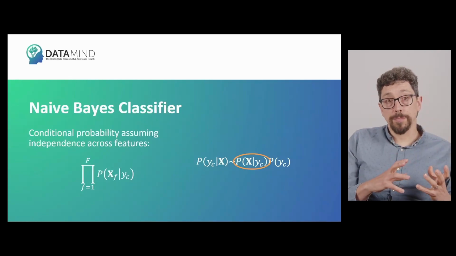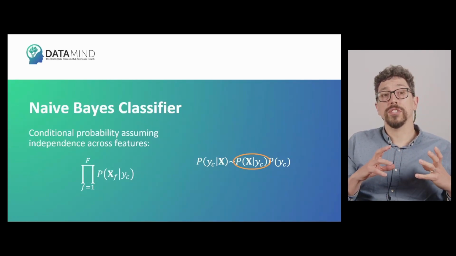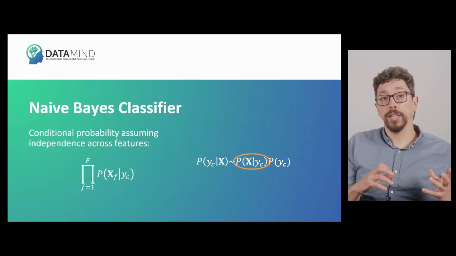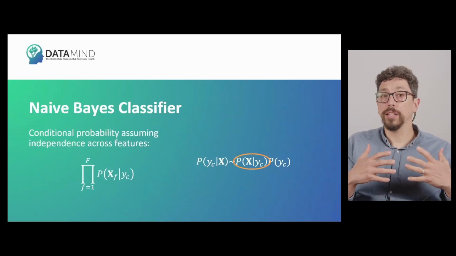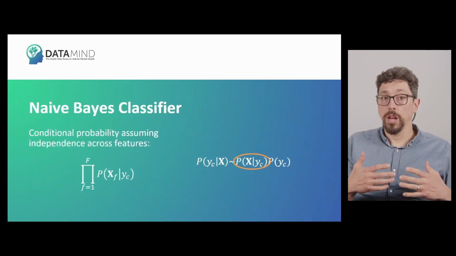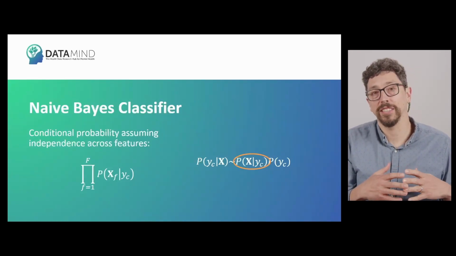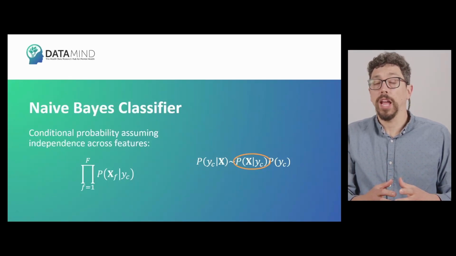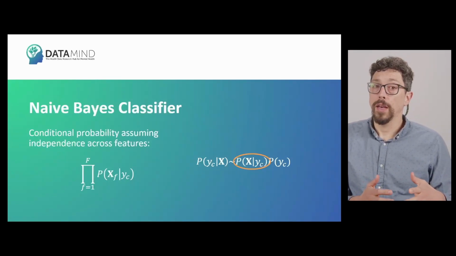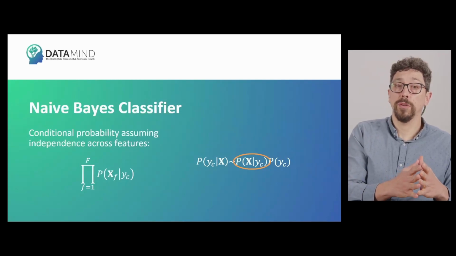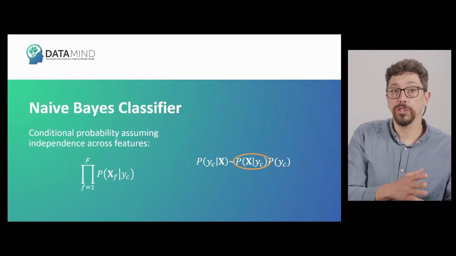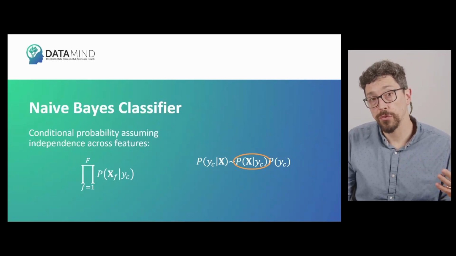The other part of the equation is the conditional probability, which assumes that all the different features are independent. If we assume that, then the conditional probability is the product of all the conditional probabilities for each feature.